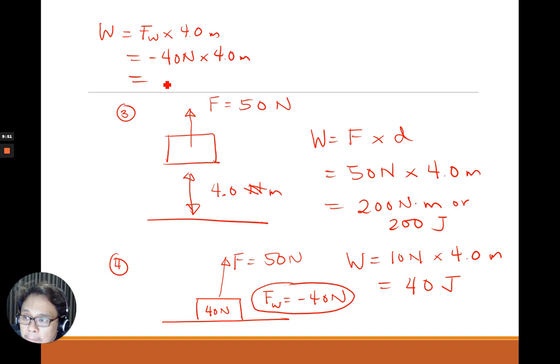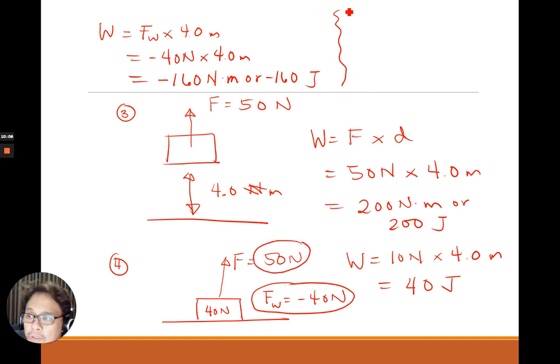This will give us negative 160 Newton meter, or negative 160 joules. Now, what is the work done by this 50 Newton force? Work is equal to F times 4.0. The force is 50 newtons times 4.0 meters. This will give us 200 joules.